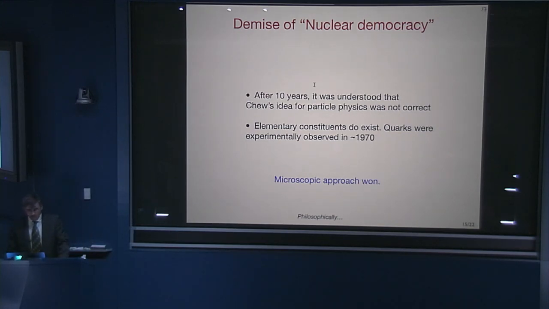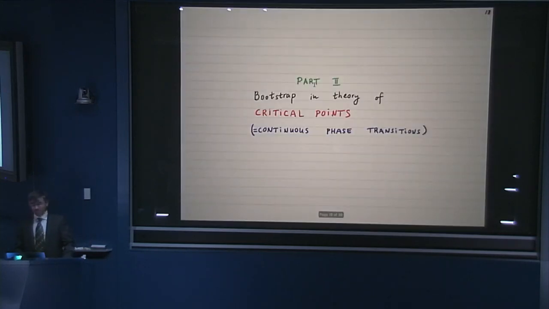And the moment this idea got out, the idea of the Bootstrap got out into the intellectual space. Any good idea is right in some sense. Perhaps it didn't work in particle physics, but perhaps it can work somewhere else. And that's going to be precisely the second part of my talk.